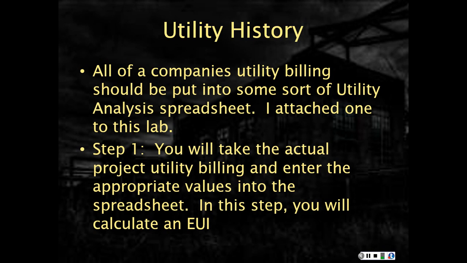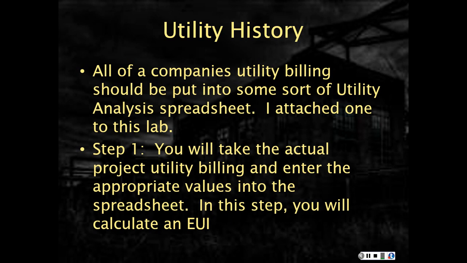So step 1, you'll take the actual project utility billing and enter the appropriate values into the spreadsheet. In this step, you'll end up calculating an EUI, and you'll also calculate some information that will be valuable to be plugged into the carrier HAP program, which is next week's lab.